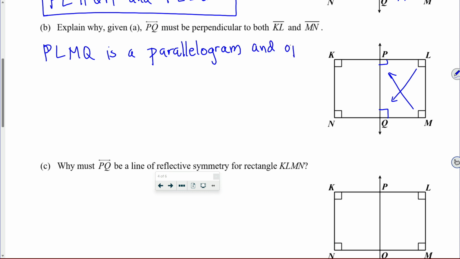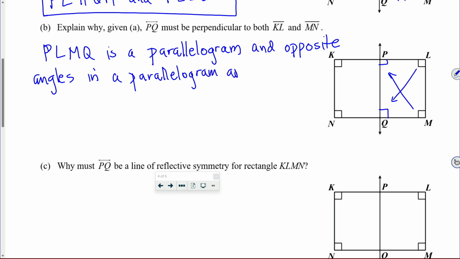And opposite angles in a parallelogram are congruent.